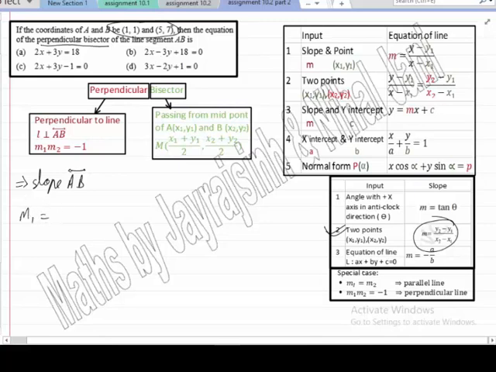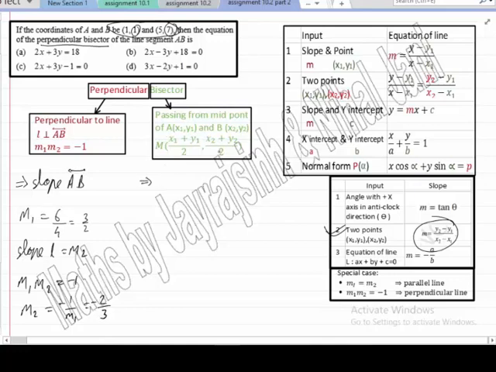The difference of y, 7 minus 1, will be 6, and 5 minus 1 will be 4, or we can say 3 by 2 is the slope of AB. So let's assume the slope of L is m2, and we know that L is perpendicular to AB. So m1 into m2 should be -1, or we can say m2 must be -1 upon m1. So yes, we get the slope -2 by 3.